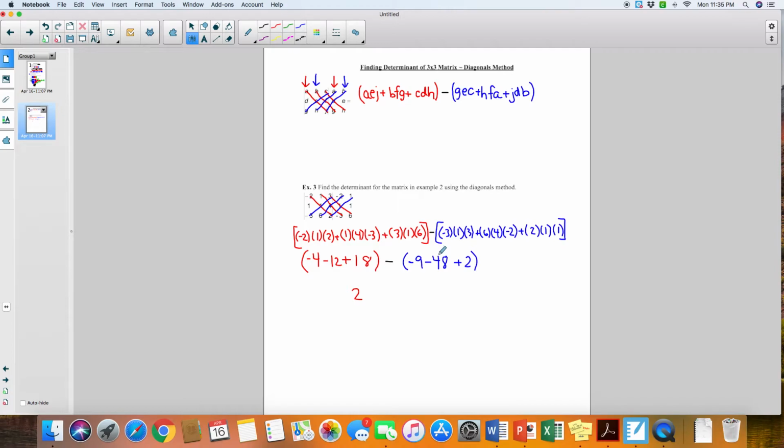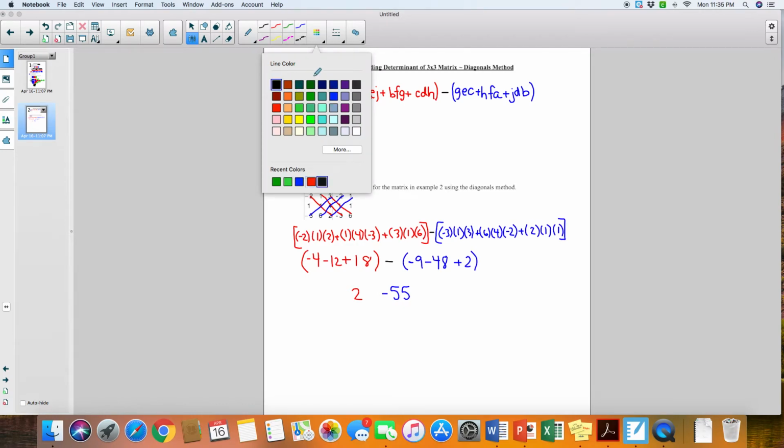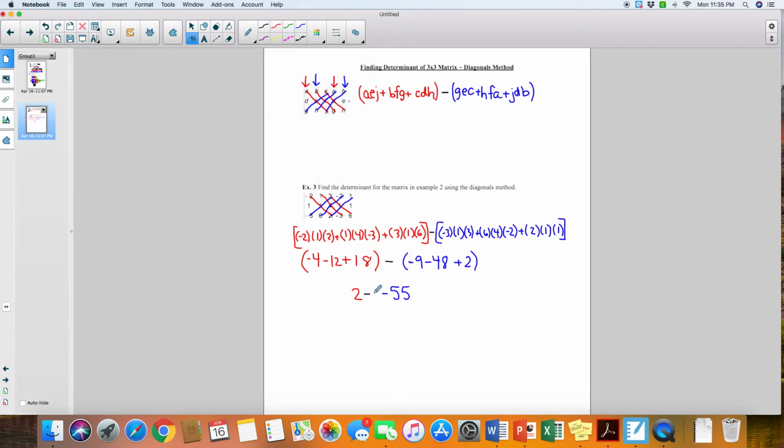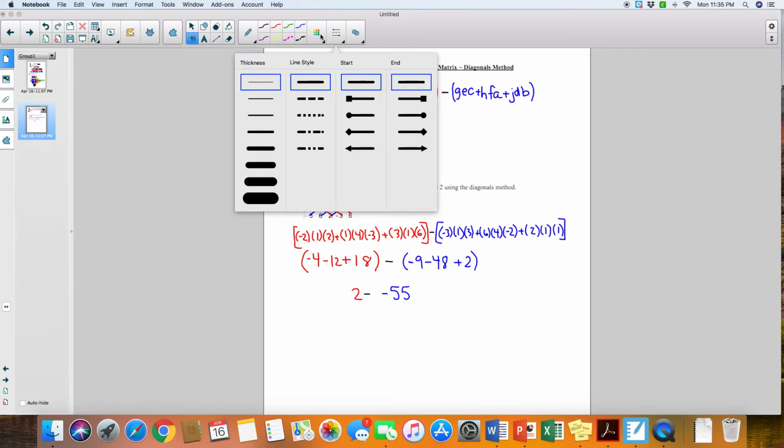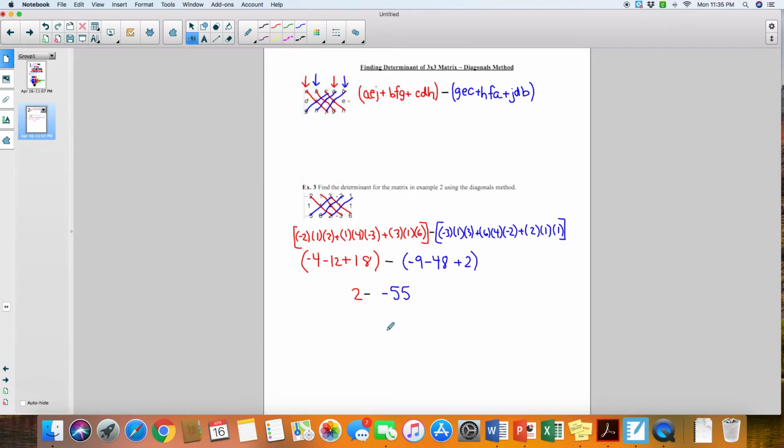And then negative 57 plus 2 is negative 55. Again, in the middle is a negative sign, so I'll put this in parentheses since it is negative as well.